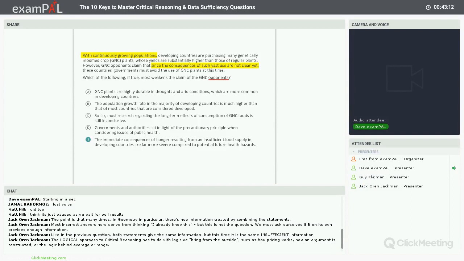Let's read it. The immediate consequences of hunger resulting from an insufficient food supply in developing countries are far more severe compared to potential future health hazards. In other words, the reason supporting GNC, continuously growing populations needing more food, is more important, far more severe than the consequences of such vast use not being clear.